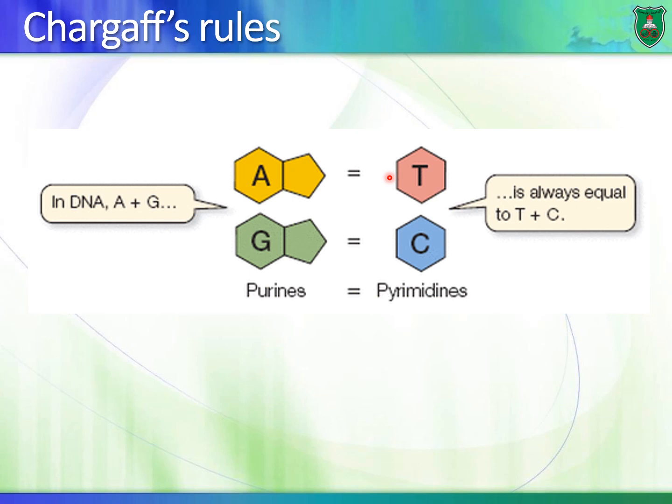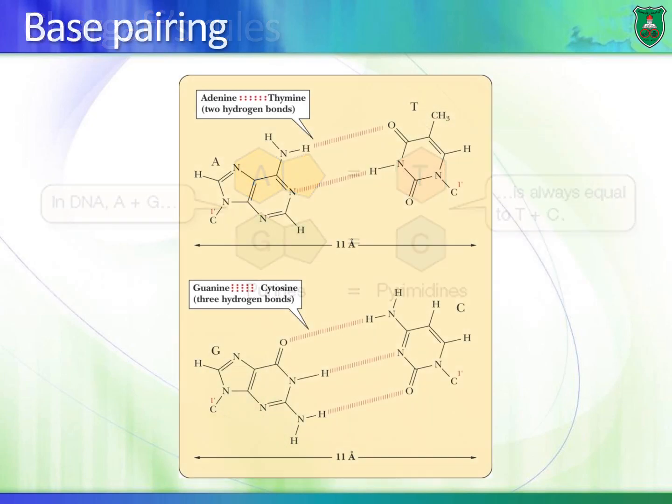But the numbers of A's and G's may not be equal to the number of T's and C's. So basically, you can have a DNA molecule that is made of 99 A's on one strand. Of course, the other strand would contain 99 T's and 1 G, 1 C. Okay, so now the other thing is that the base pairing between the bases is different as well.